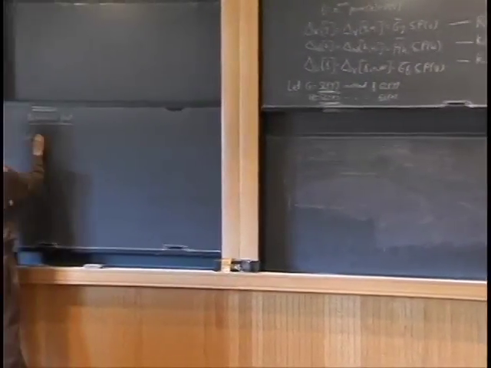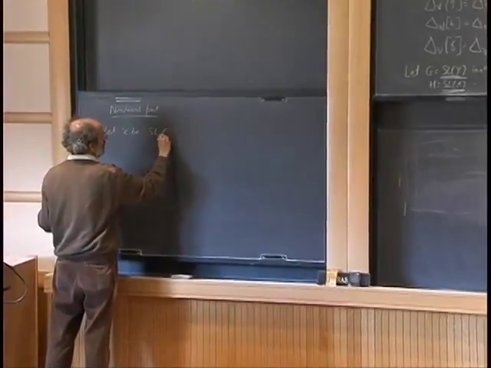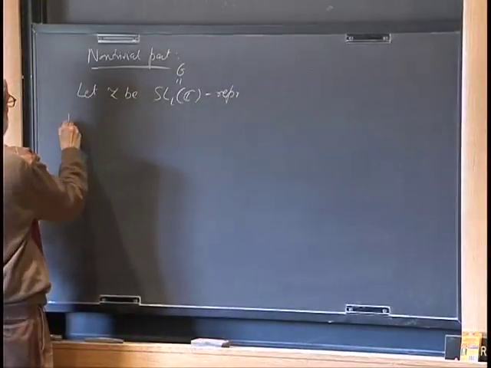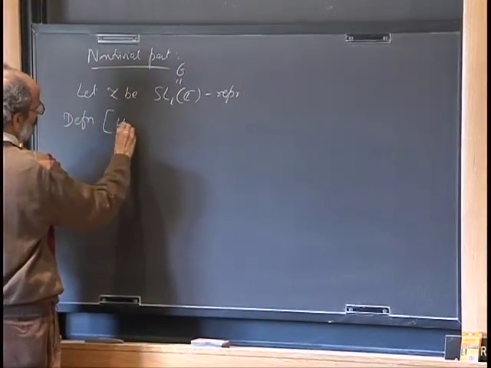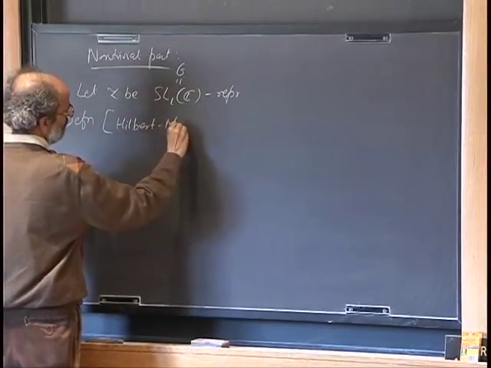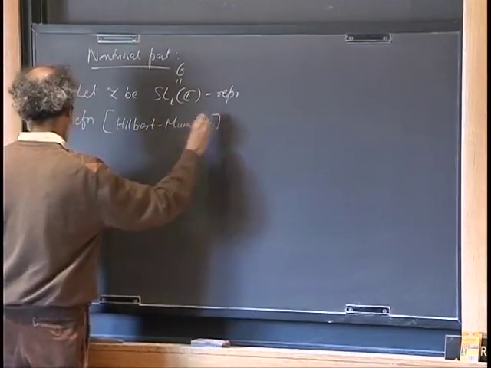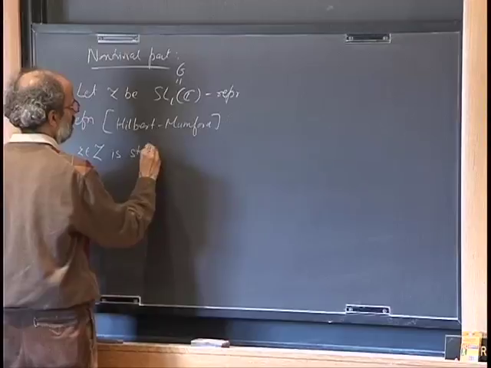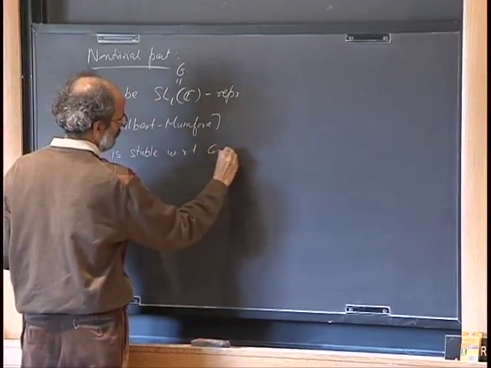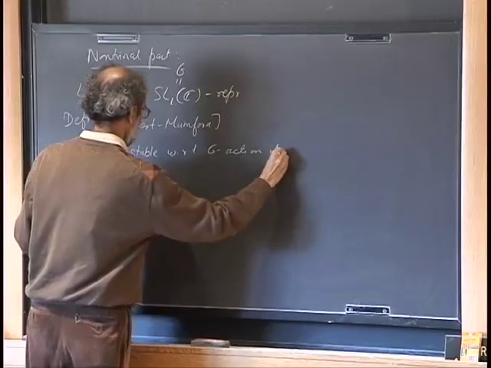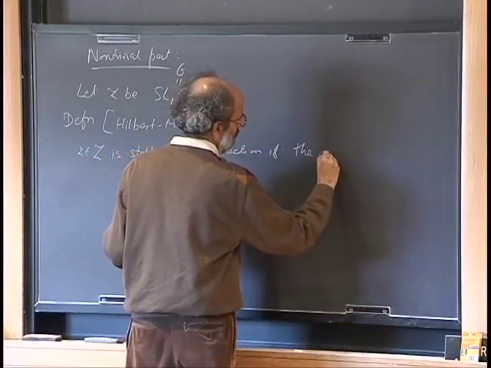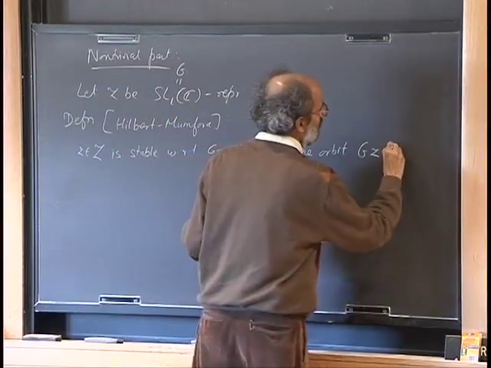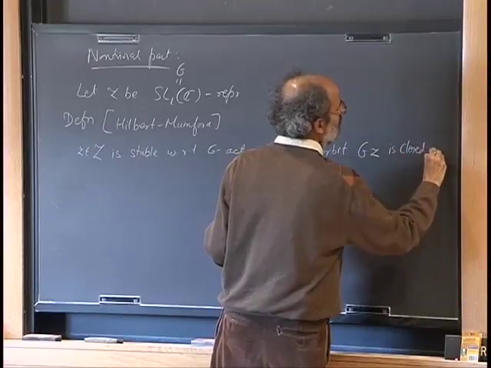Let Z be a finite dimensional representation of G. Then the definition, due to Hilbert-Mumford: we say that z belonging to Z is stable with respect to the G action if the orbit Gz is closed in Z.